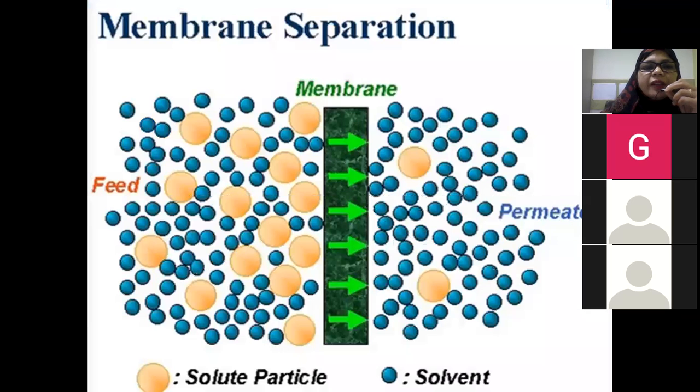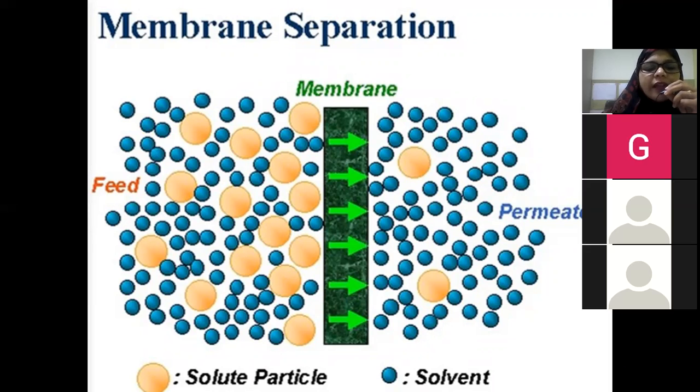So this is suppose one membrane. I have taken an example to show you how the molecules pass through these membranes. Suppose this is the green one, this is the membrane, and on the left hand side we have the feed. Feed means your water sample, hard water sample containing different impurities.